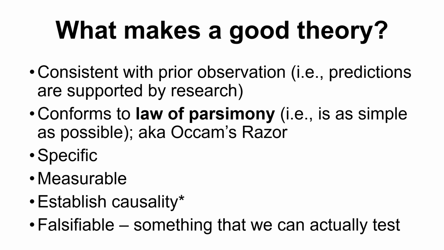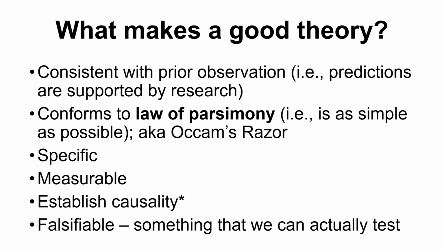There's a little bit of an asterisk there, because you can have a theory even if it isn't testable through experimental means. Maybe it's not ethically possible to conduct an experiment. You might be stuck relying on correlations and other kinds of descriptive statistics rather than experimental methods. So it's not always possible to establish causality, but if at all possible, it's a good plan.